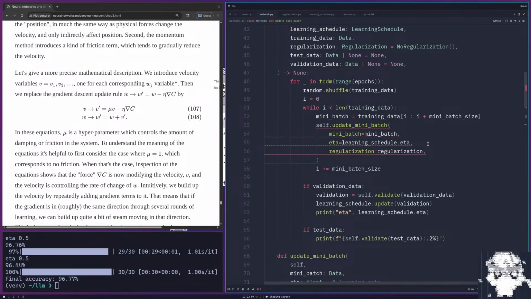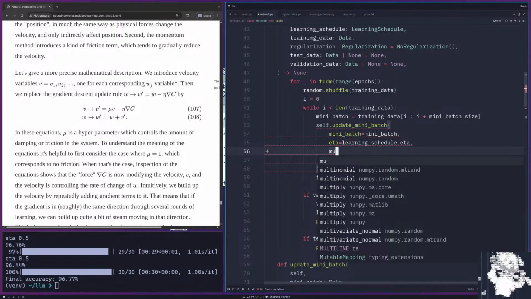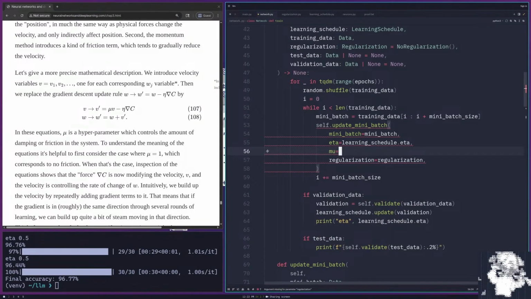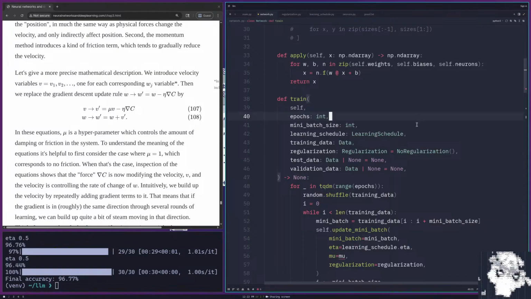So mu equals mu. Let's pass mu down from here.